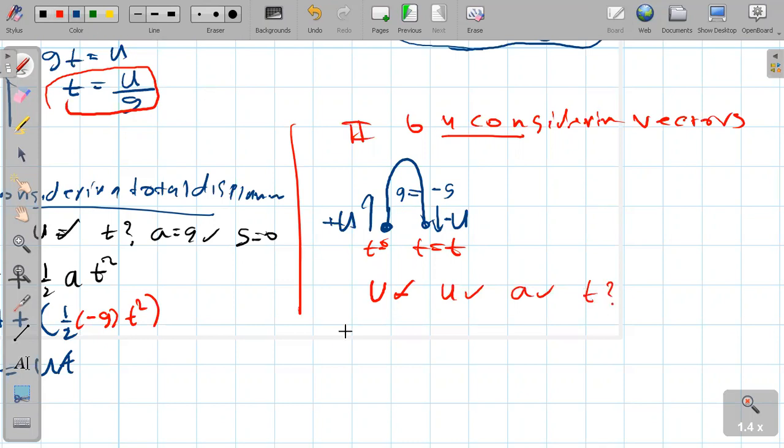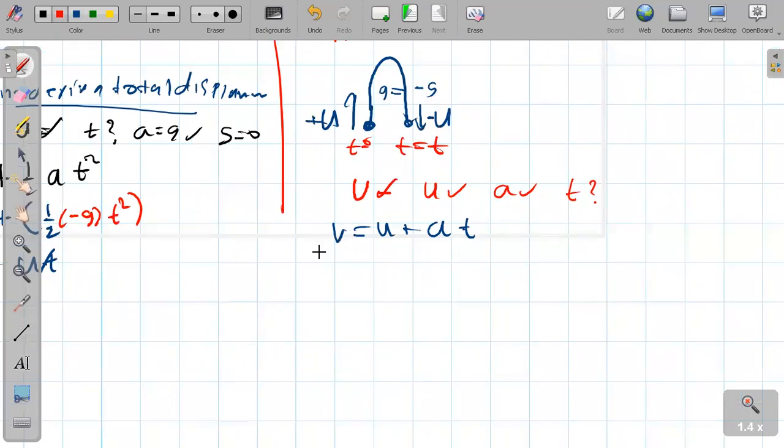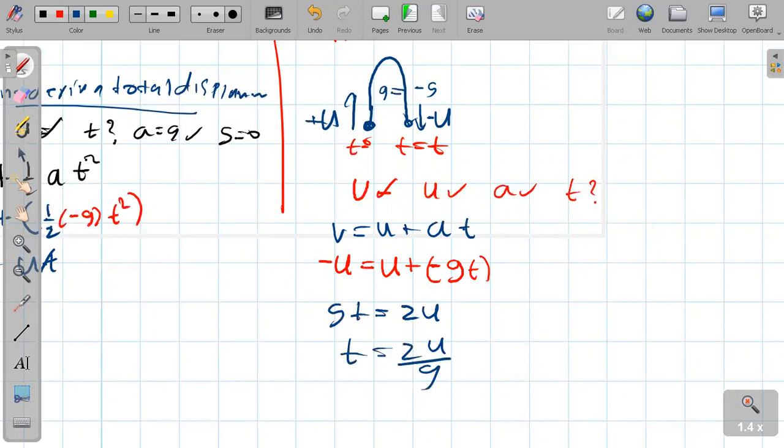So the equation is v equals u plus at. What is v? It is minus u, remember that well. What is u? It is u. What is a? It is minus g. So minus u equals u minus gt, which comes to gt equals 2u, and t is 2u over g. The same equation.